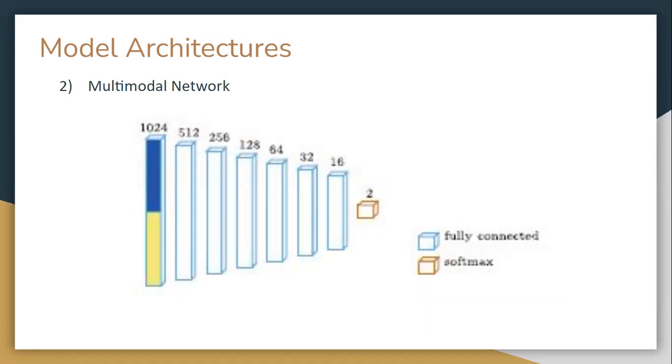Later on, using fully connected layers, they have extracted a high-level feature of this concatenated high-level descriptor, and then a softmax layer gives the probability of being malignant or not.